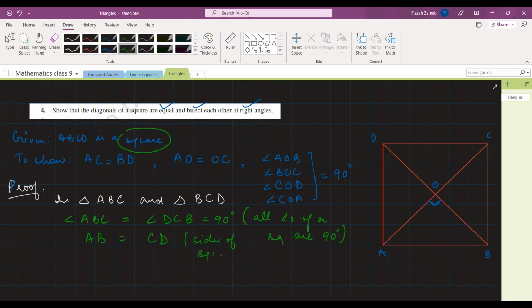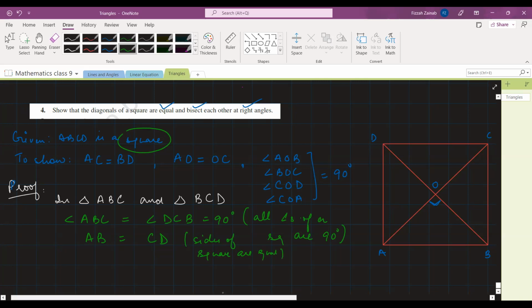Sides of square are equal, right? This side AB and CD are equal because they are sides of square. And also one side is common. BC is equal to BC, which is common, right?